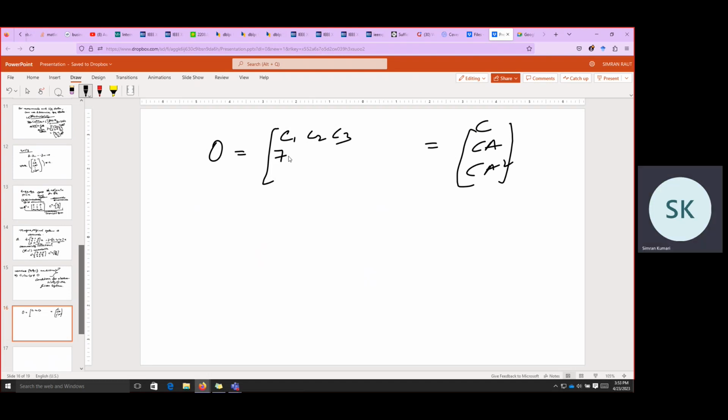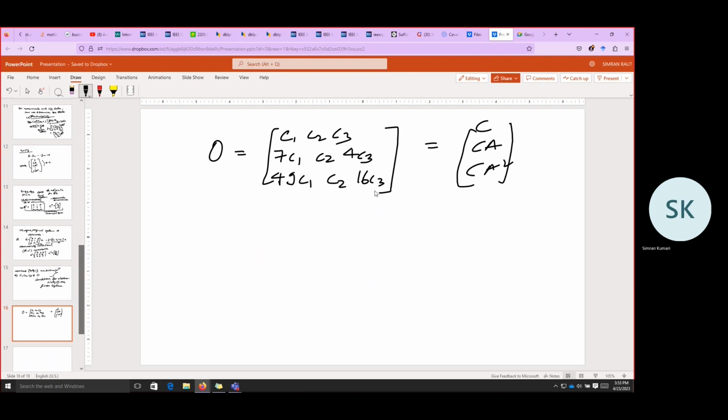And then we will get 7C1, C2, 4C3, and 49C1, C2, 16C3. So the determinant of this matrix should not be 0 in order to be observable.